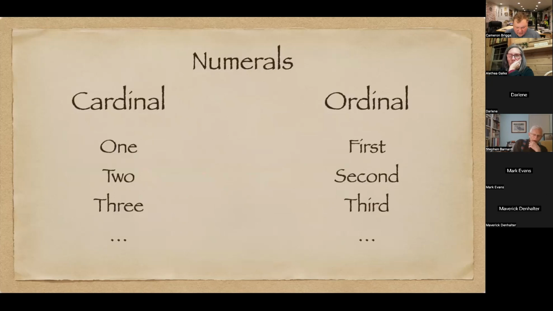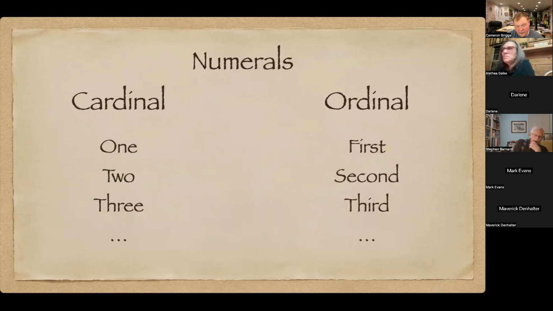So yeah, let's take a look at our numerals. This is a review from two weeks ago, where we looked at cardinal numbers versus ordinal numbers. A cardinal number is 1, 2, 3, versus ordinal, when we start comparing and needing to put things in an order, that's when our numbers change from 1, 2, 3 to first, second, and third.